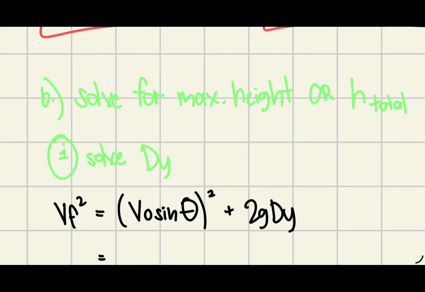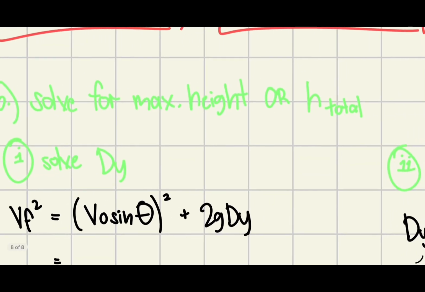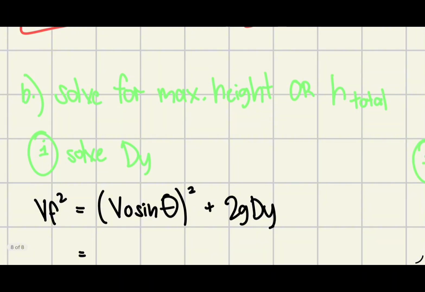For letter B, we are trying to solve for the maximum height or the total height. To solve this, we need two parts. Since we have case number 3, which is where the projectile is launched at an angle from a certain elevated height, and the angle is not equal to 0, that means we have two heights: the height of the elevation and also the vertical displacement of the projectile before it reaches the same height of where the object is first elevated.